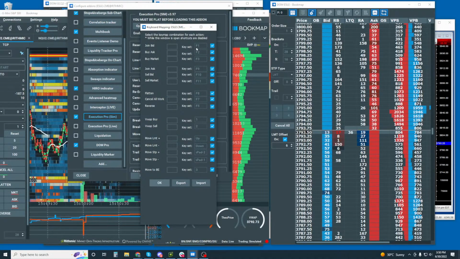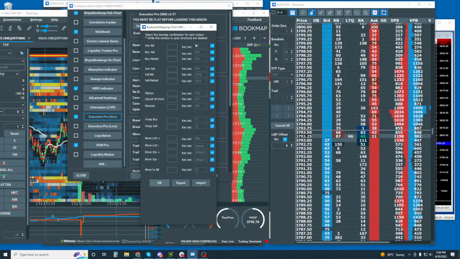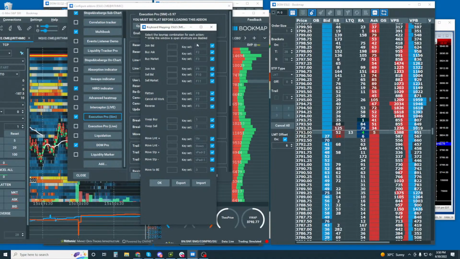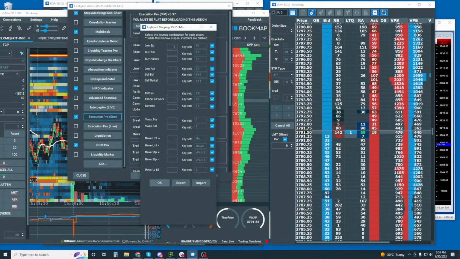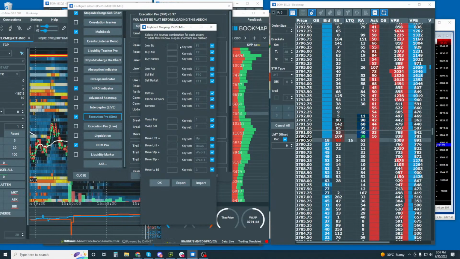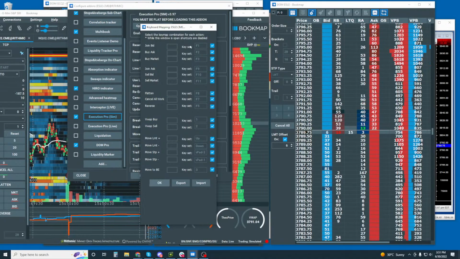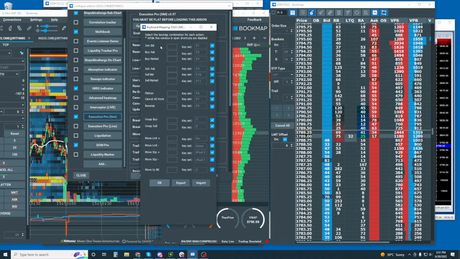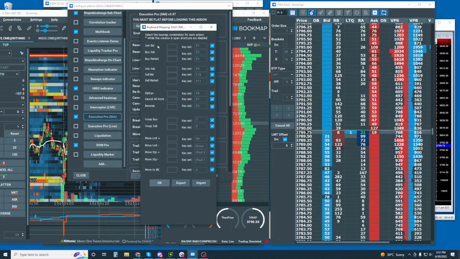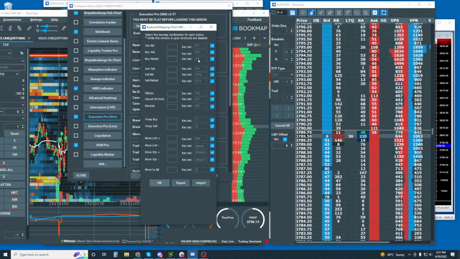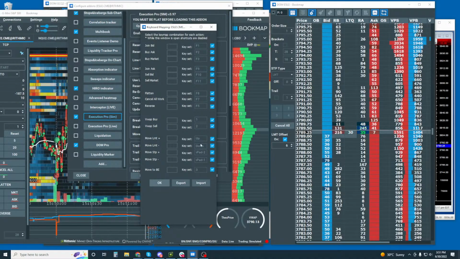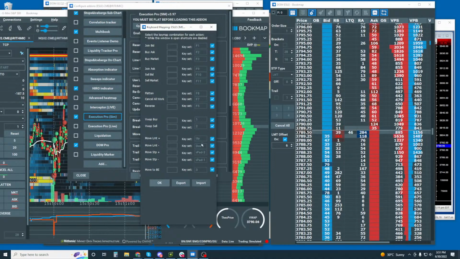The keyboard shortcuts in Bookmap are the ones that are global. If there's any conflict in here, you'll see that they won't work. So these are secondary to Bookmap's. Make sure there's no conflict in there. You'll see it pop up and it won't work.